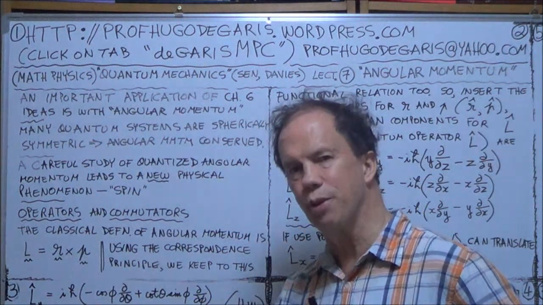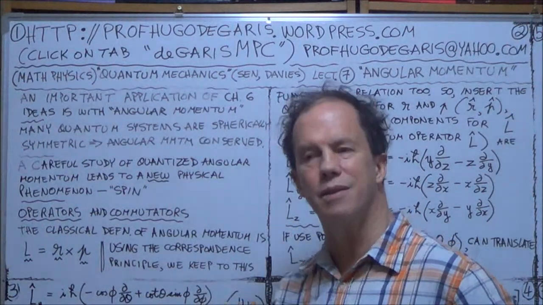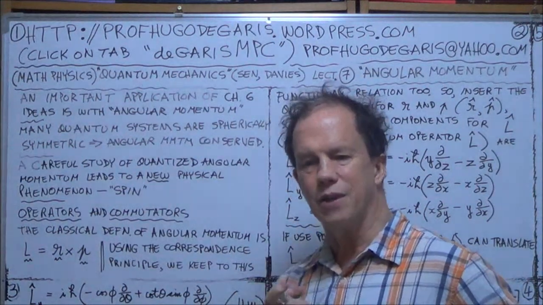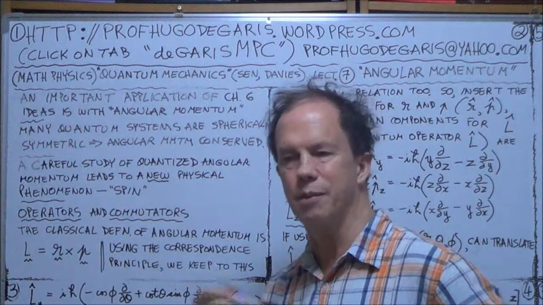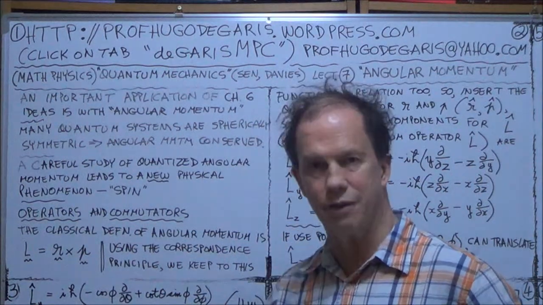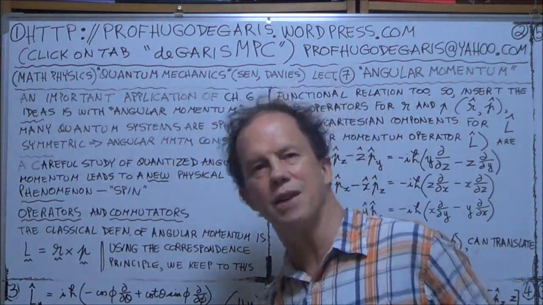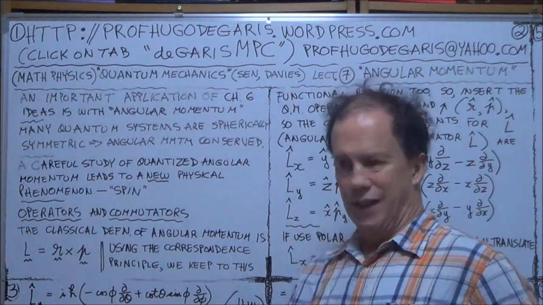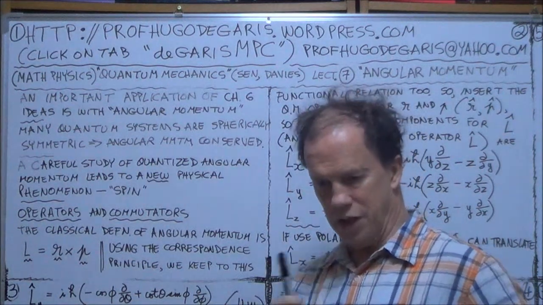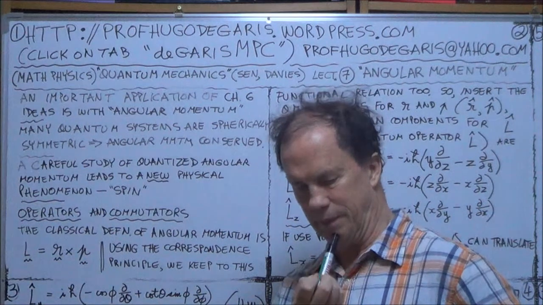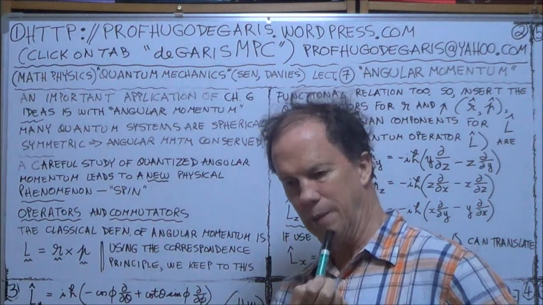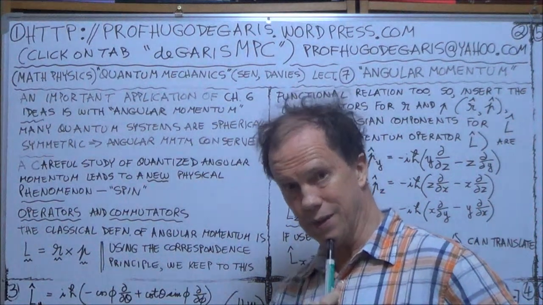Now, a bit of it is guesswork, and you'll see that. If you start with a guess, not a wild guess, an informed guess, a guesstimate, if you like, you can justify the guess that you make by its consequences.